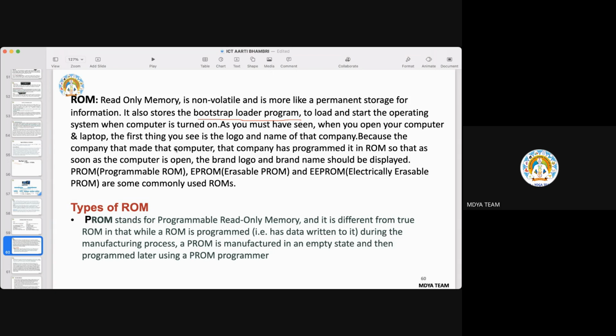So there is a slot, you can say. You can program it, but not every user can do this. Only a specialist programs them. That's why it is called programmable read-only memory.